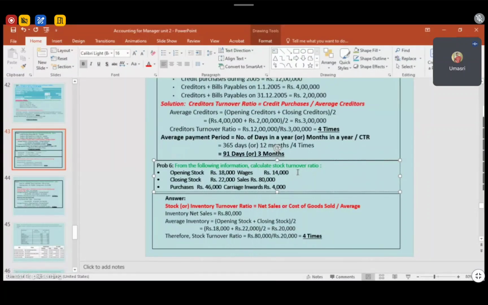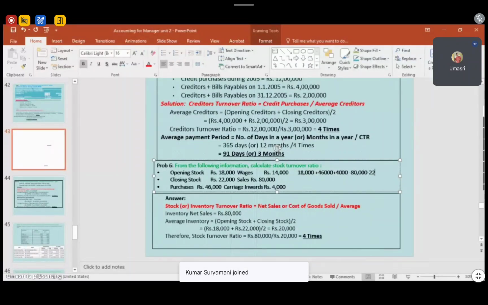Opening stock 18,000 plus purchases 46,000 plus carriage inwards 4,000. These all come under debit side, right? Credit side, sales 80,000 minus closing stock 22,000. Here you have to add wages also.